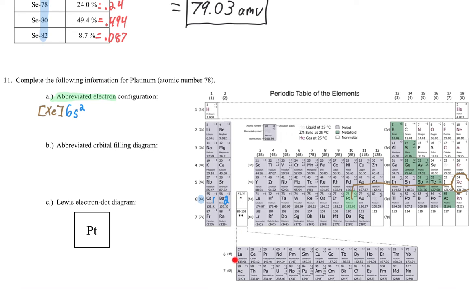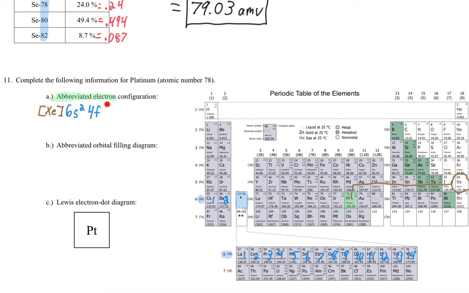Then I got to take a detour down to the F'ers at the bottom. And so I end up with the 4F group. All right, so there's 4F. And then I need to count across. And so we got 1, 2, 3, 4, 5, 6, 7, 8, 9, 10, 11, 12, 13, 14.